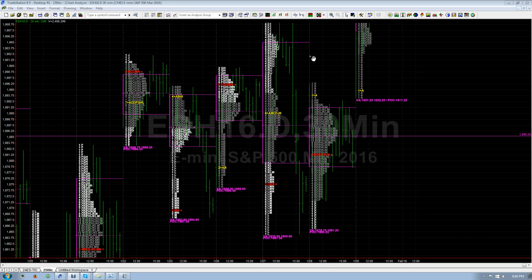So that would be an opening test drive. It would test a valid market profile test point, and it would get rejected. And a valid market profile test point is the prior day's high or low, value area high, value area low, whatever.